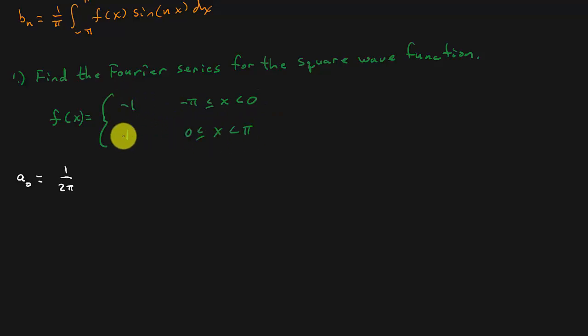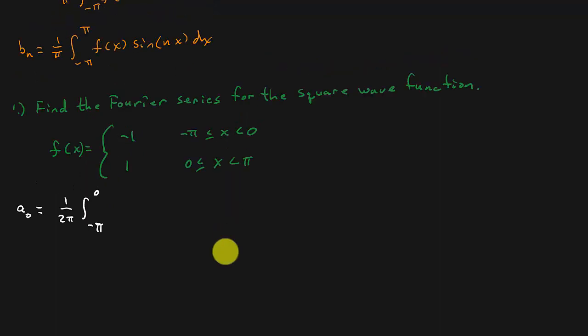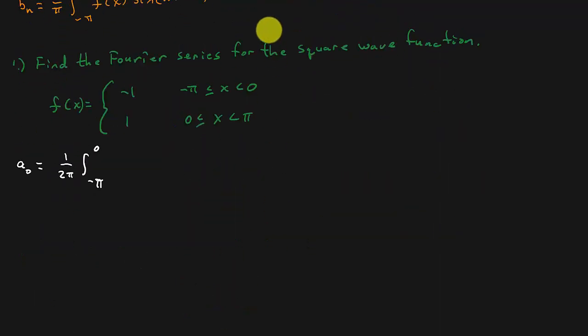So that means we have to split this up into two integrals. So this is going to be 1 over 2 pi times the integral from negative pi to 0. And what's our function, what is f of x? Well, it's -1, so that's -1 dx, plus 1 over 2 pi times the integral from 0 to pi, and that's 1 dx.